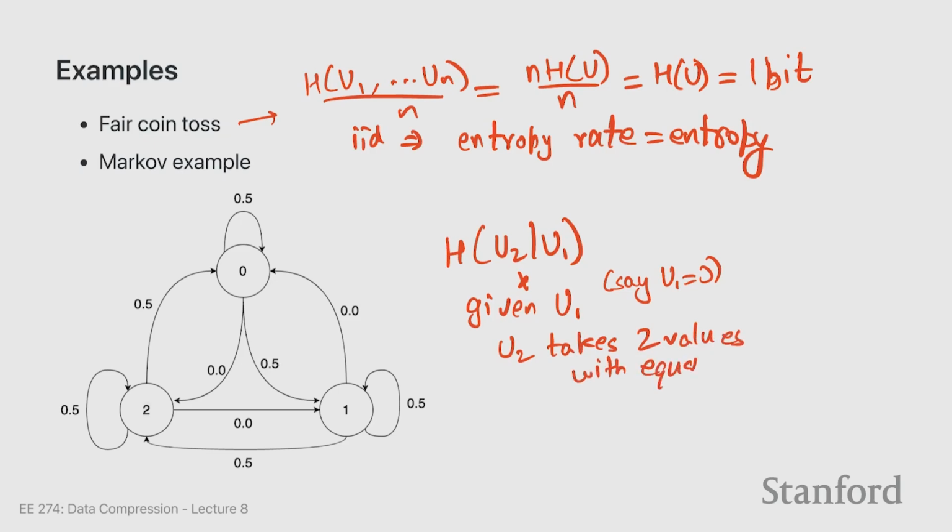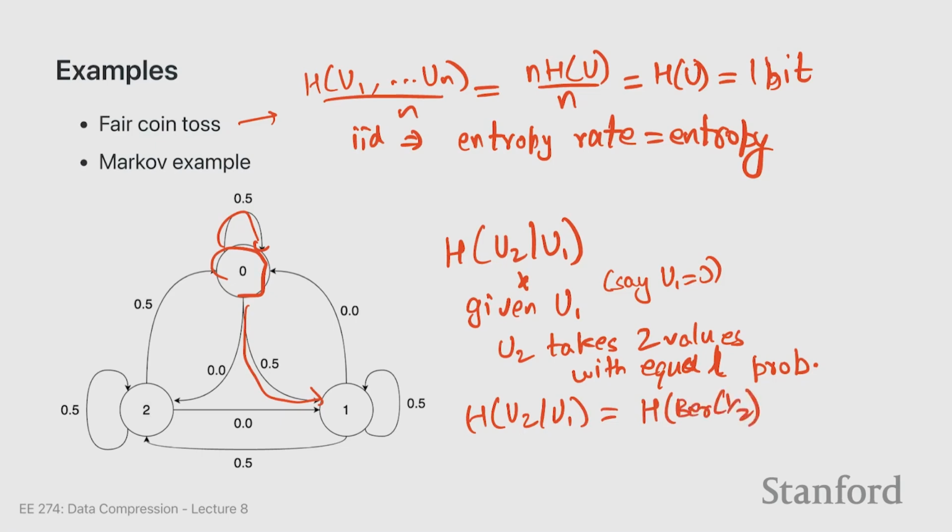We just saw this example earlier in class. We saw that if u1 is 0, then u2 can be either 0 or 1, each with half probability. So it's easy to convince yourself that H(U2 given U1) is equal to the entropy of a Bernoulli half random variable, because you take two values with equal probability, and this is just one bit.